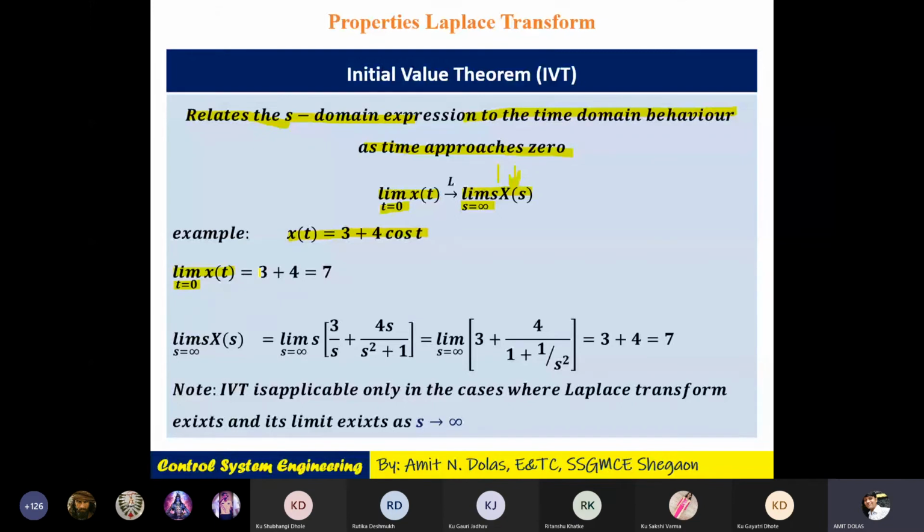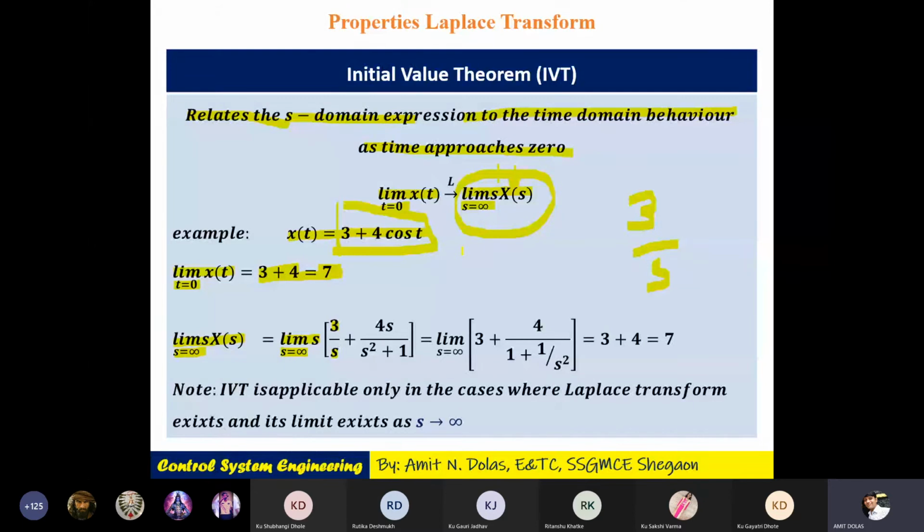Putting this value, you will get 3 plus 4, which is equal to 7. Now coming to the s domain: in the time domain, after putting the limit, we got 7. In the s domain, the limit of s into x of s as s tends to infinity. So limit s tends to infinity, s into 3 by s. What did we do? We took the Laplace transform. 3 is a constant, and what is the Laplace transform of 3? We just saw, it is 3 by s.